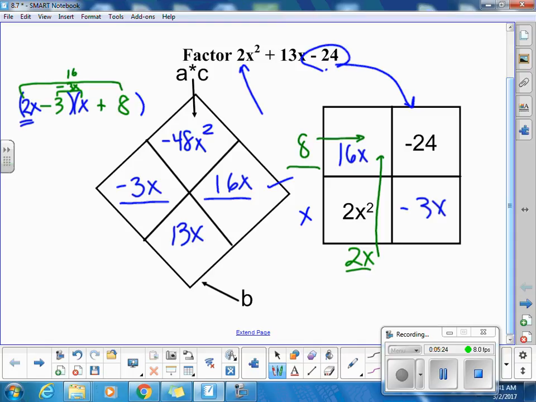And then I look at the top, 8 times something gives me negative 24. That would be a negative 3. I could have gotten it from looking at the bottom row: x times negative 3 is negative 3x. So here's another way of getting my factors. We got them the more traditional way already, but 2x minus 3 is one factor, and x plus 8 is the other factor.